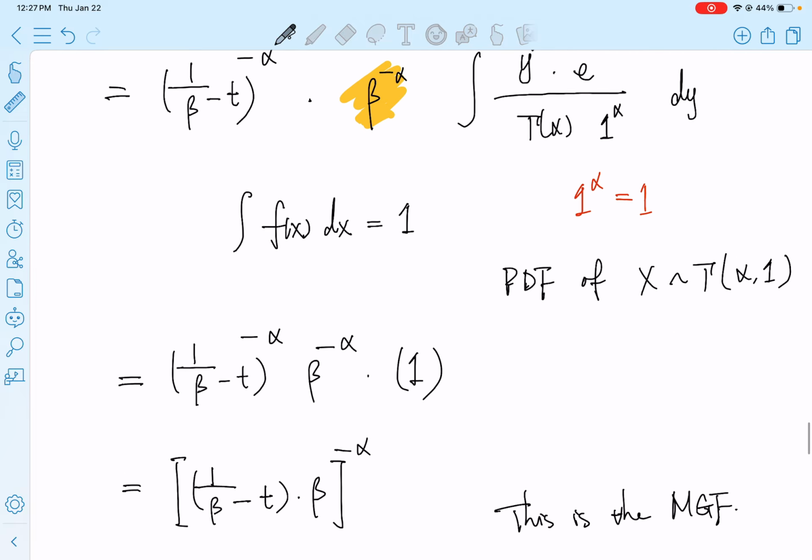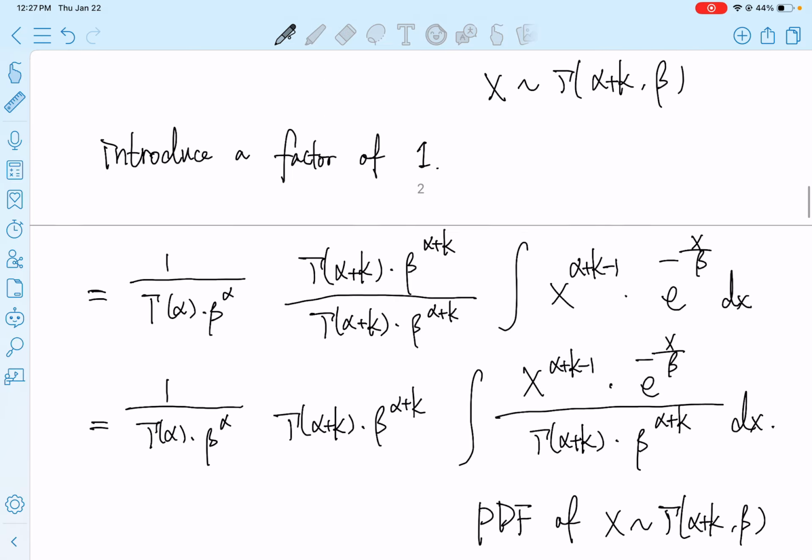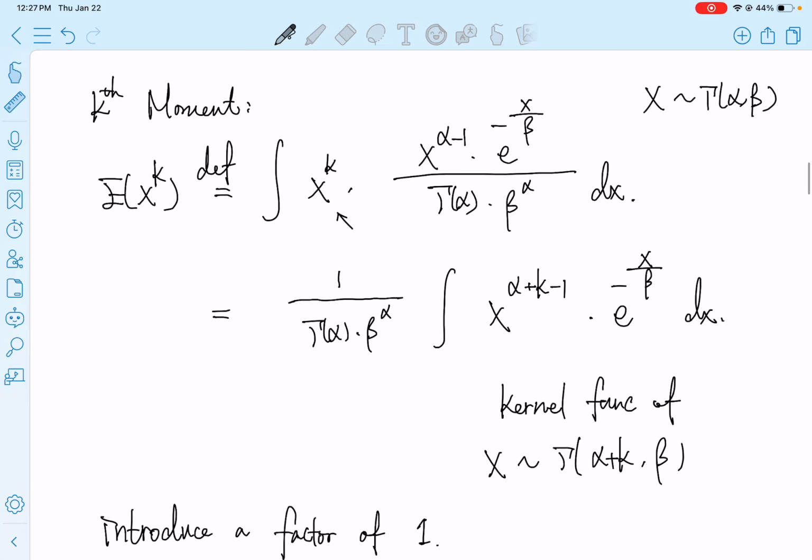Okay, so just to summarize, what we have in the beginning is the formula for the arbitrary kth moment. So this formula gives us the ability to, when you plug in k equal to 1 and k equal to 2, get the first moment and the second moment.